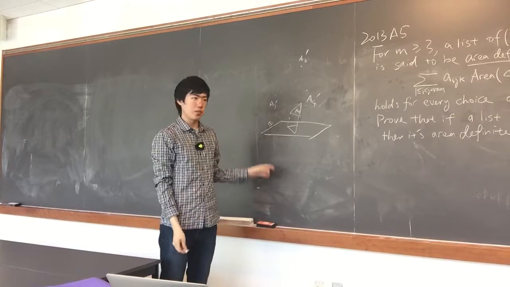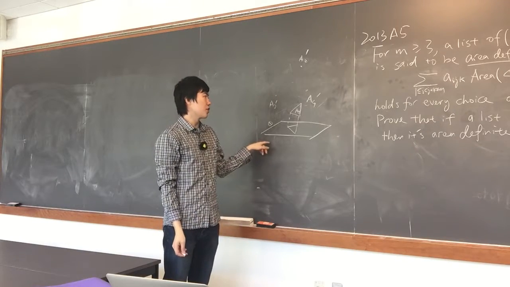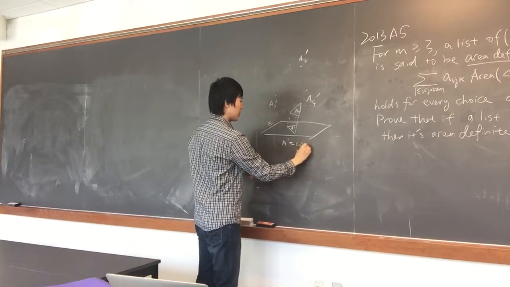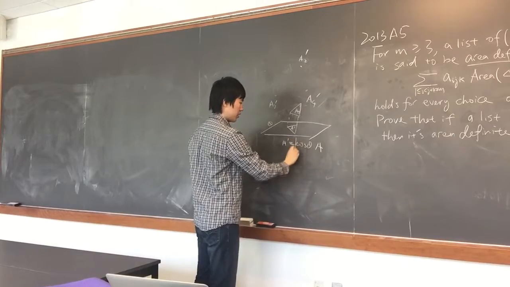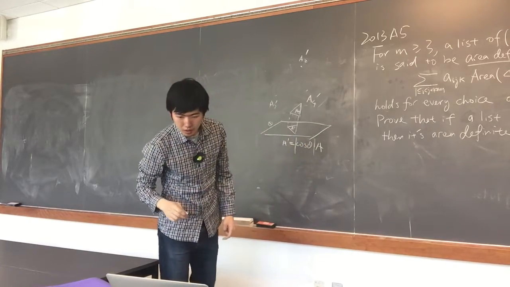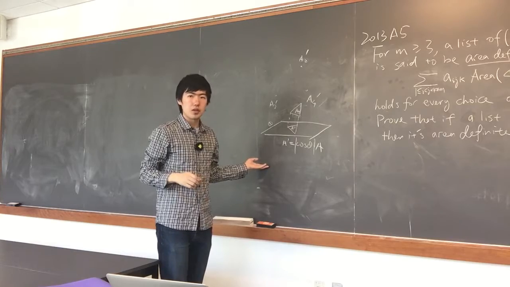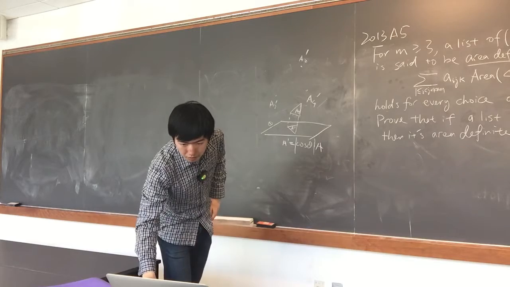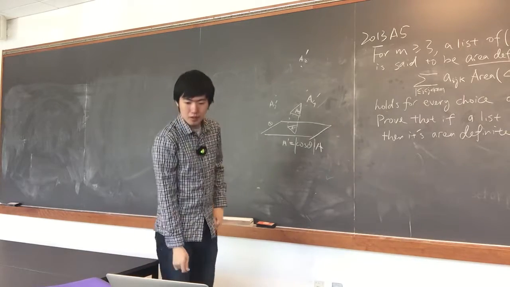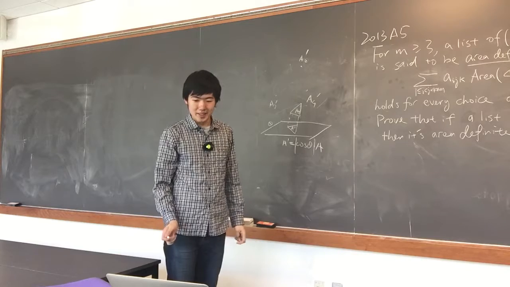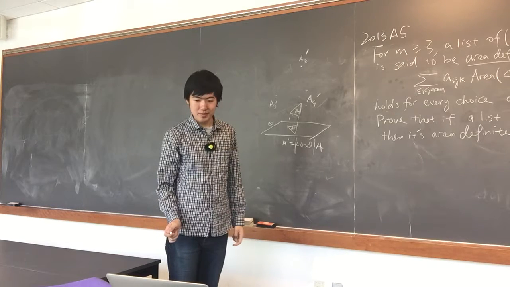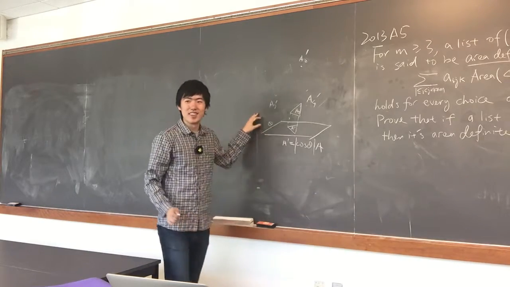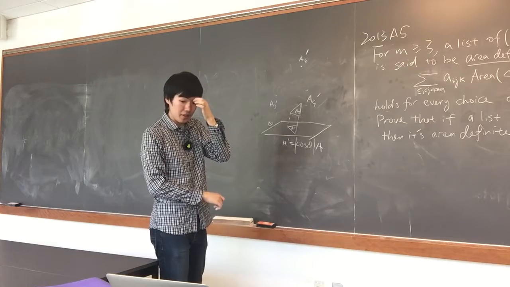I think it can be shown that A prime is just cosine theta times A, taking the absolute value. Does this seem obvious? I'm pretty sure that's true, but I don't remember why. Let's just pretend this is true for now. We can move back to here later.